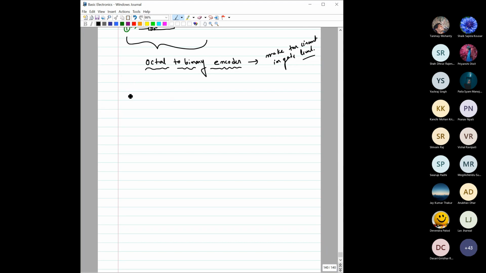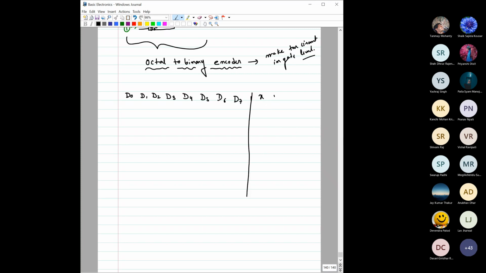Here the inputs are D0, D1, D2, D3, D4, D5, D6, D7.